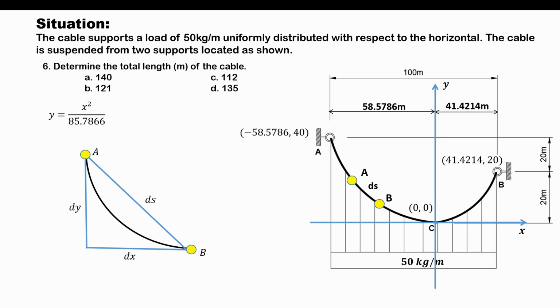And technically, dy and dx are orthogonal to each other. This figure right here would now be our basis in deriving the formula that we will be using in solving for the total length of the cable.